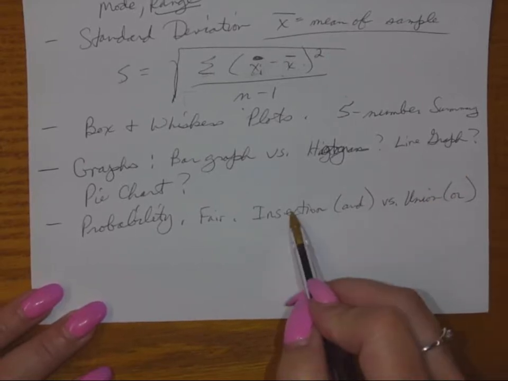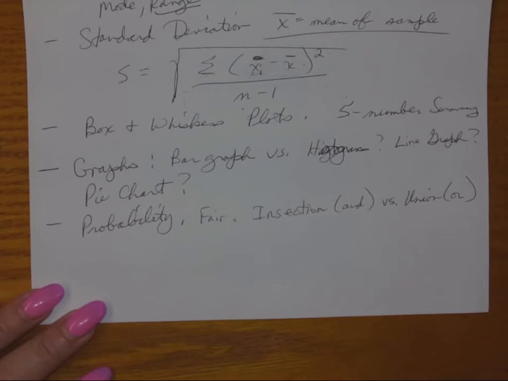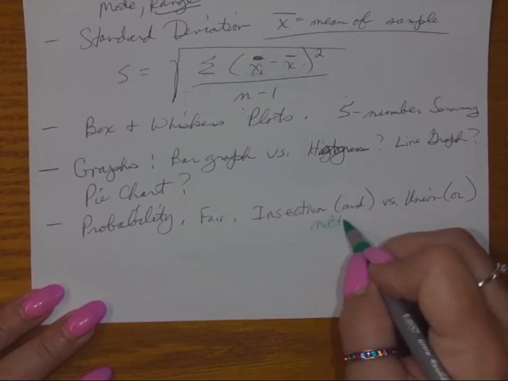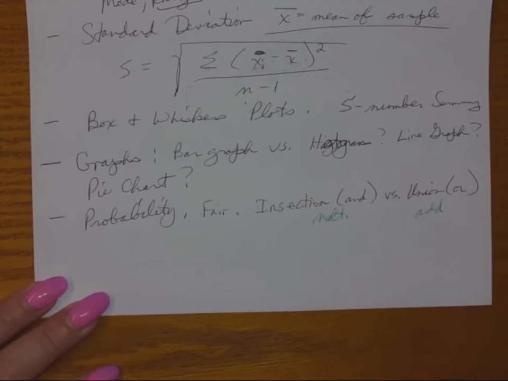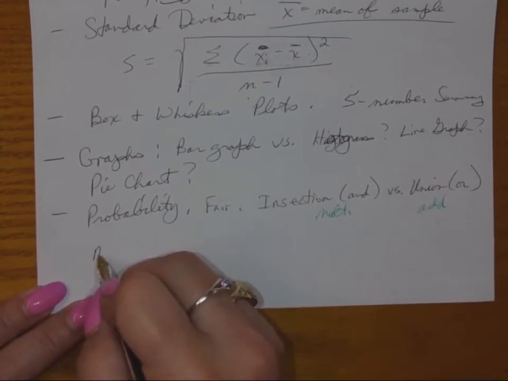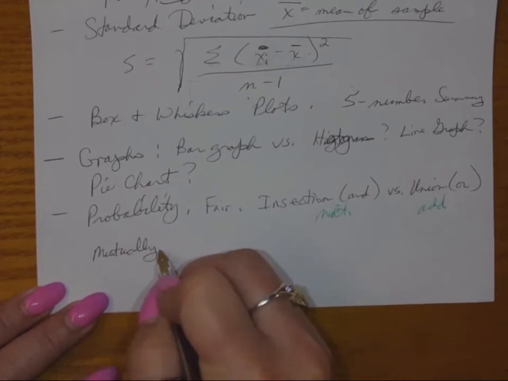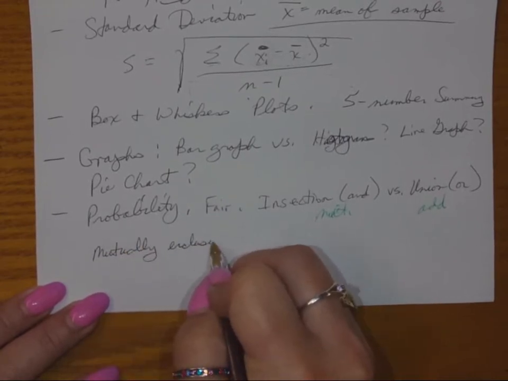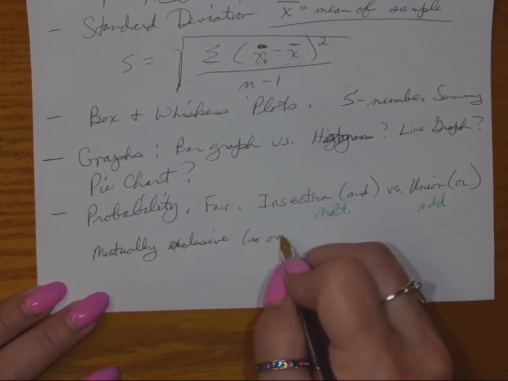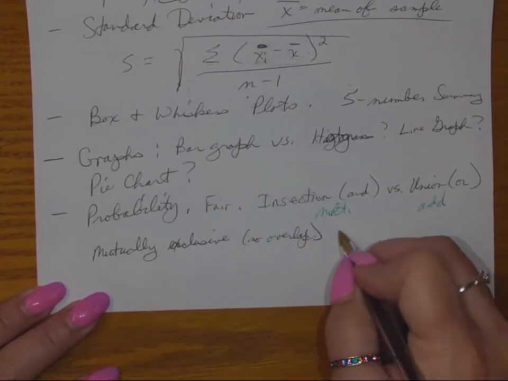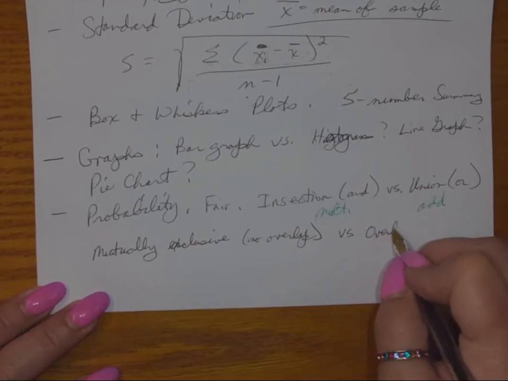With the and statements, we would multiply normally whatever our probabilities were. With the or statements, we would add normally. But then you need to know about things that are mutually exclusive, meaning that they don't have anything to do with each other. There's no overlap. Versus things where there is an overlap.